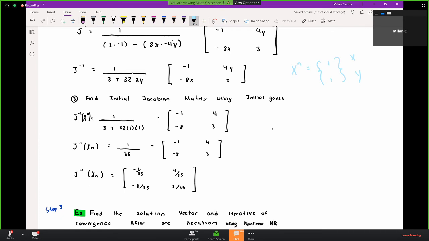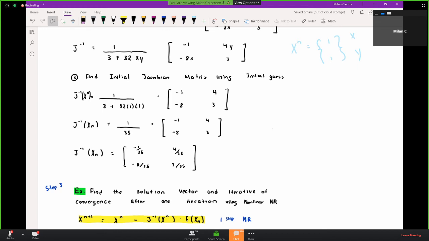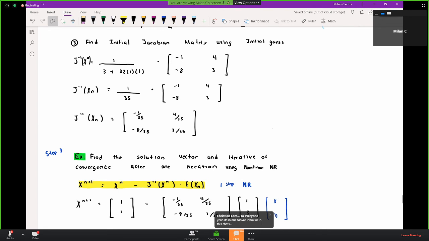And then we're going to plug 1 into our matrix, and you end up getting -1, 4, -8, and 3. Then we multiply by the determinant factor and we end up getting -1/35, 4/35, -8/35, and 3/35.